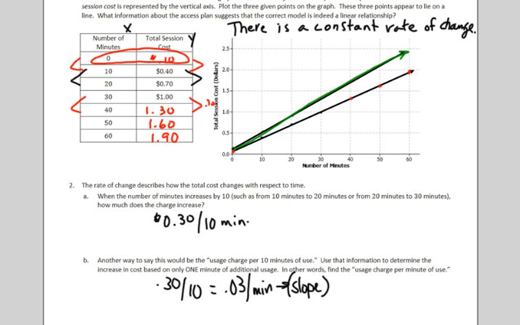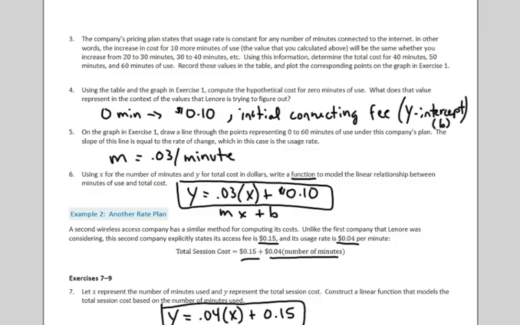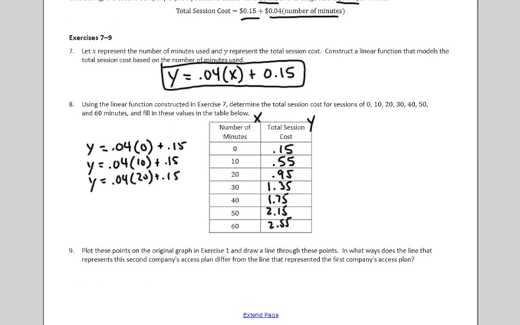And if you notice, if you compare them, it's a steeper slope, which means it's going to cost more per minute. And the starting value is a little higher also. So the line is higher.